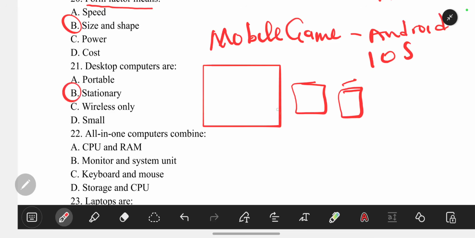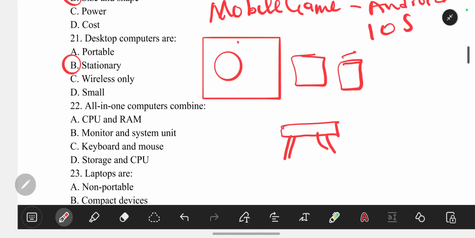That's why they are called desktop, because they are mostly fixed on, let's say, just one desk. That's why it's called the desktop computer. So they are stationary.